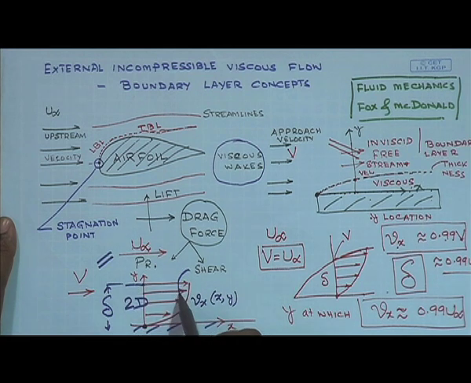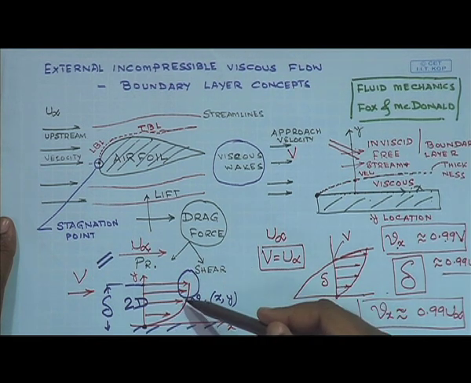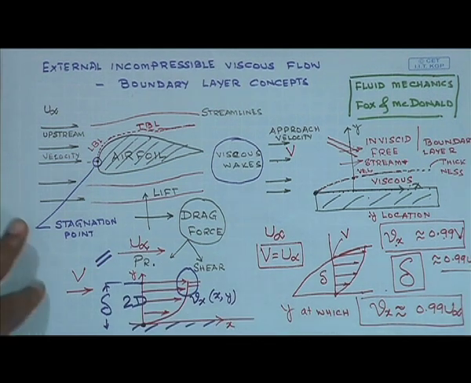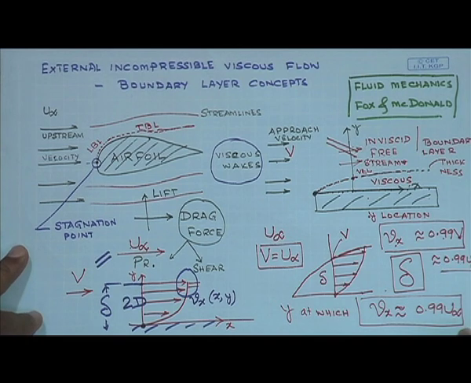But if you look at this region, the nature in which the velocity approaches the free stream velocity is asymptotic. So where am I going to draw the line? Is it this point where it has become equal to u infinity, or is it this point? Each person will probably decide the location at which the velocity becomes equal to u infinity in a slightly different fashion.